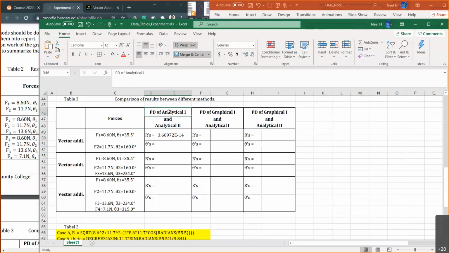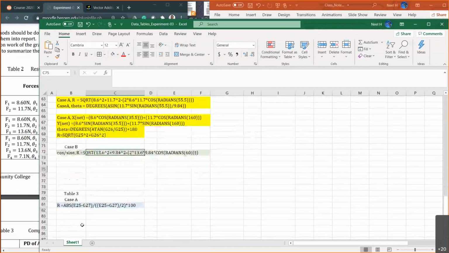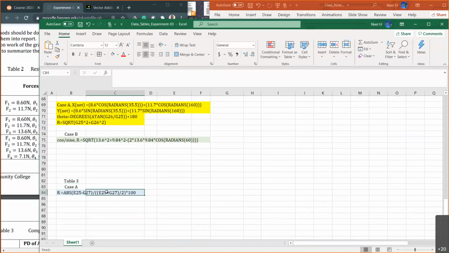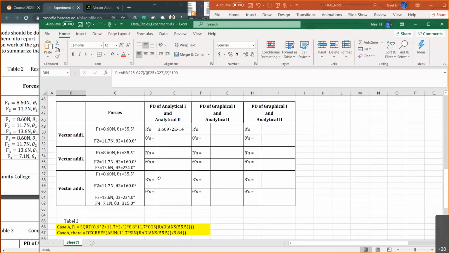Remember, we're doing percentage difference, not the error. Comparing two numbers, the denominator should always be the average. Right here, the denominator should always be the average. Make sure to use appropriate parentheses and things like that. Any question?